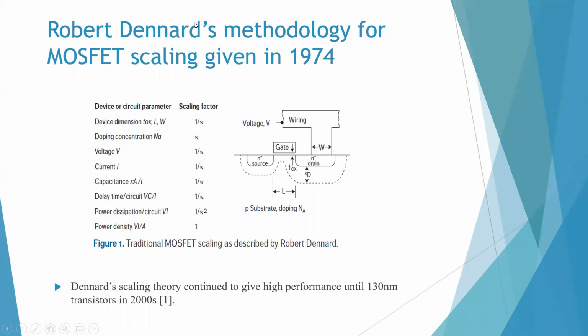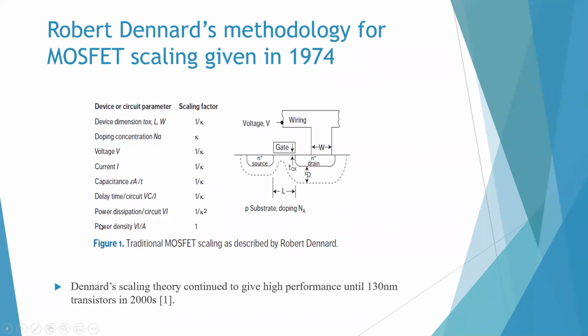So in 1974, Robert Dennard proposed a scaling theory where he scaled the length, width, and oxide thickness by a factor of 1 by k and scaled the doping concentration by a factor of k, which in turn scaled the depletion width by a factor of 1 by k.